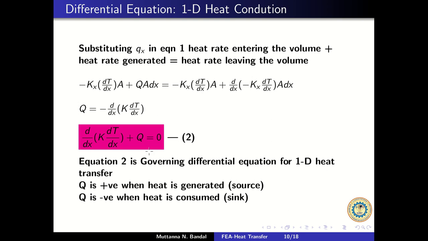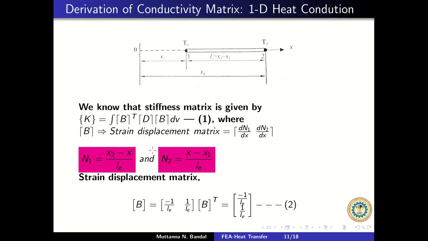So now let us derive the conductivity matrix. In a structure we call it a stiffness matrix, and in thermal we call it a conductivity matrix. I will consider an element whose length is Le, that is x2 minus x1.